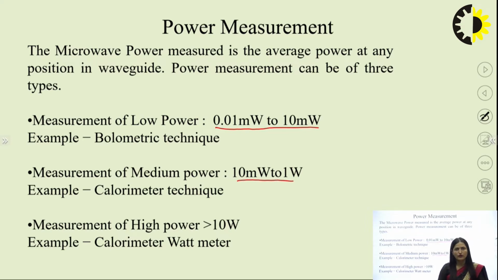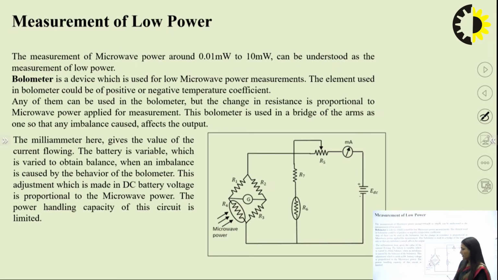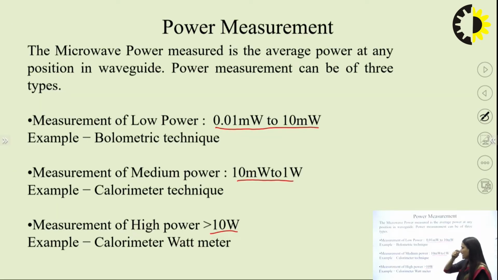Signal up to 1 watt but greater than 10 milliwatt is measured through medium power, and a signal more than 10 watt will be measured from high power measurement. So low power will be measured through the bolometric technique. Medium power can be measured using the calorimeter technique, and high power is measured using a calorimetric wattmeter.